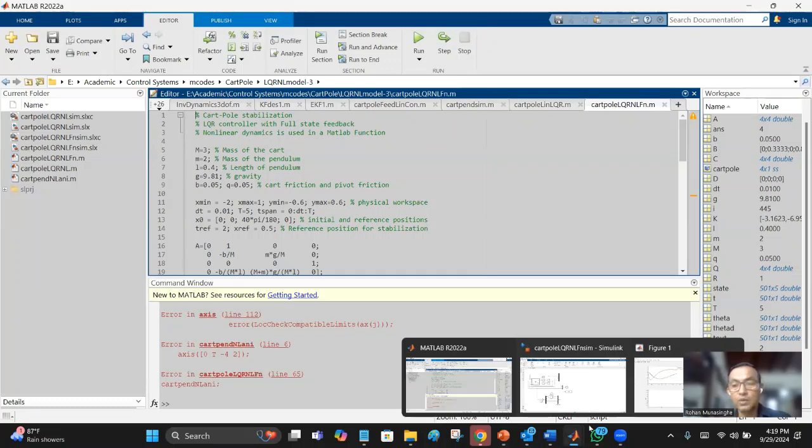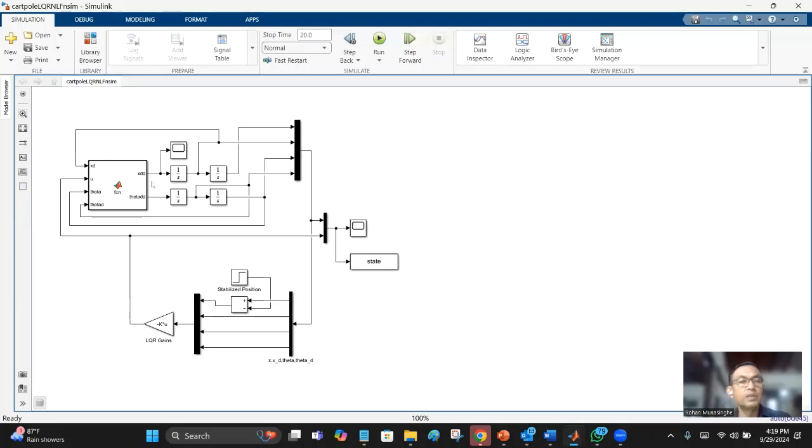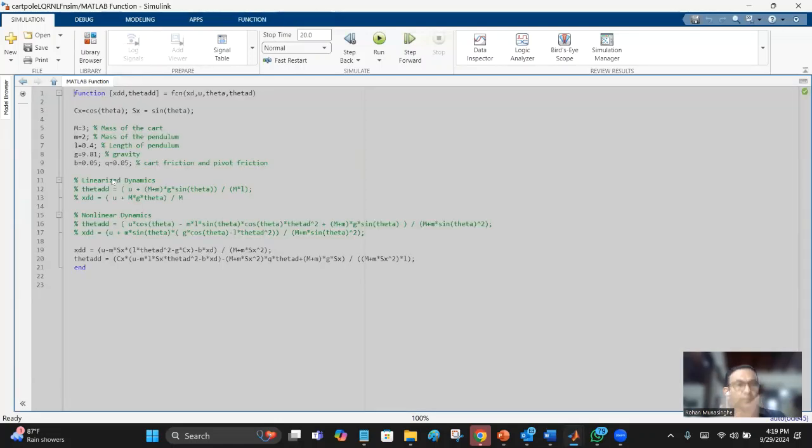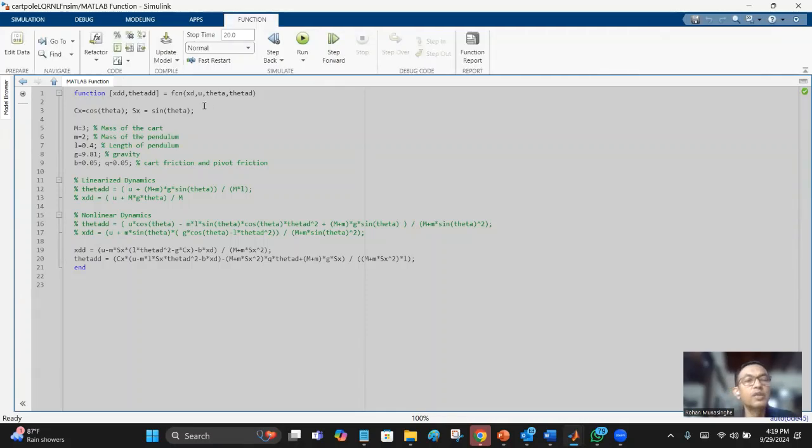Right, now I can open the Simulink block over here. It is a Simulink function. It takes x dot, control signal, theta and theta dot, and it calculates x double dot and theta double dot using these two equations. These are the true dynamics of the plant.